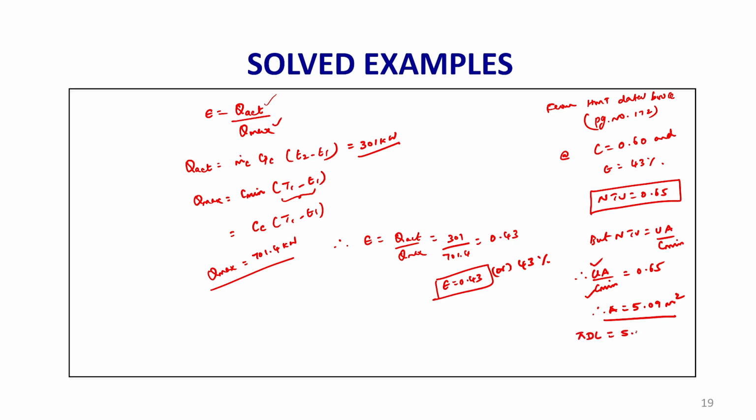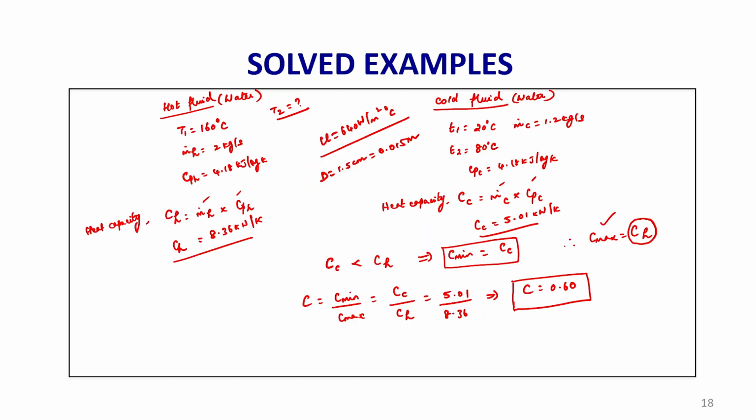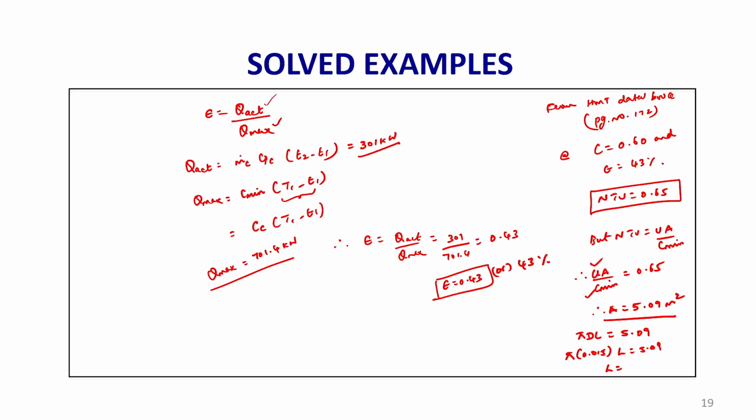This is a cylindrical component, so pi into diameter, 0.015, into L equal to 5.09. Therefore the length of the heat exchanger is 108.1 meter.